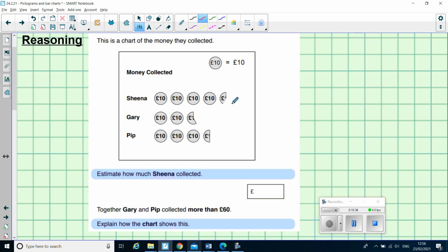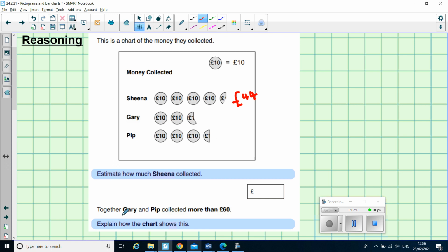So a sensible estimation here might be £44. Okay, because it's less. If it was 45, that would be a half circle, wouldn't it? It's got to be less than that. So £44, £43. Remember, it's just an estimate, so it doesn't have to be perfectly accurate.